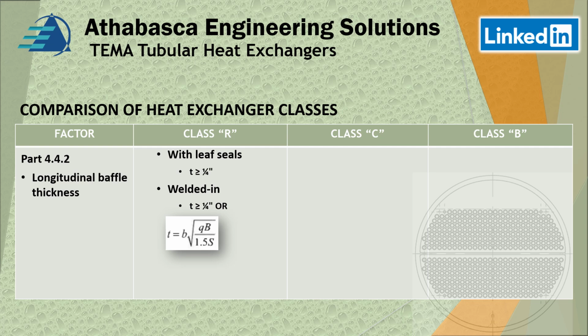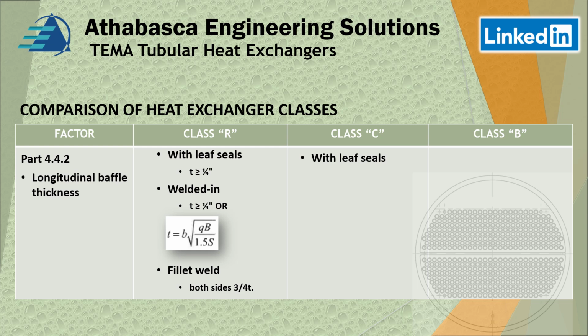That's the note. And S is the code allowable stress. So the next thing is for fillet welds. You have to weld both sides, and the weld thickness has to be 3/4 of the thickness minimum.